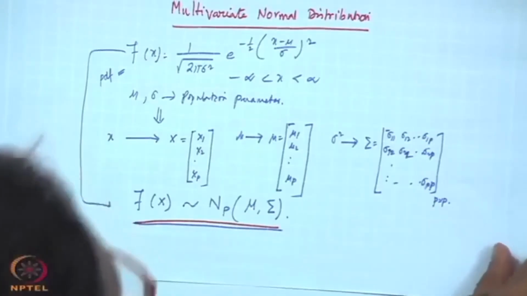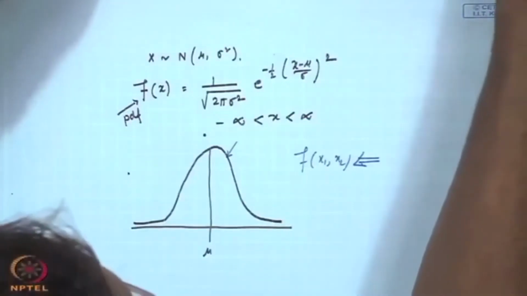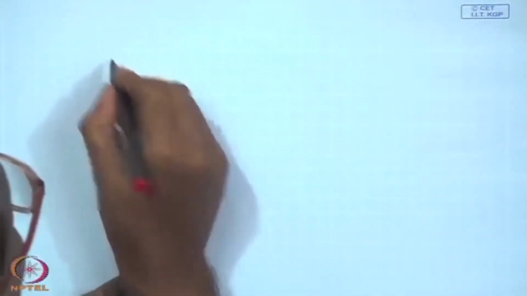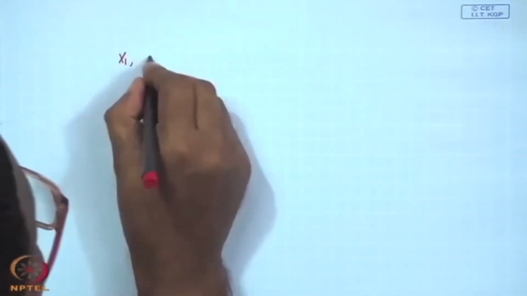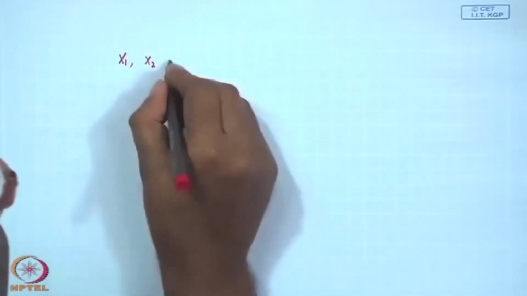So, in order to do so, we will follow a systematic but simple path. Suppose you think that you have 2 variables x1 and x2, which we are saying a bivariate case.